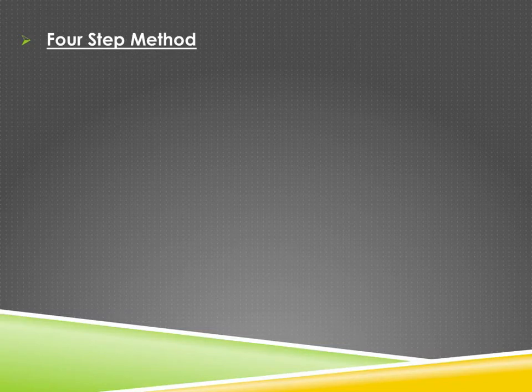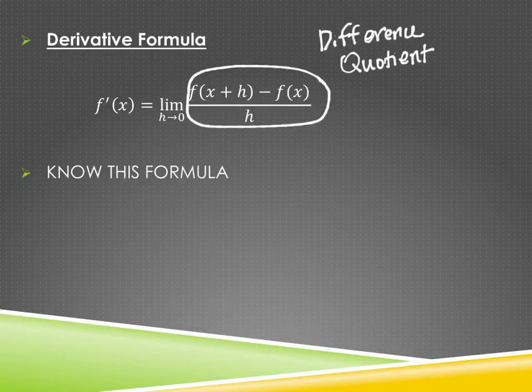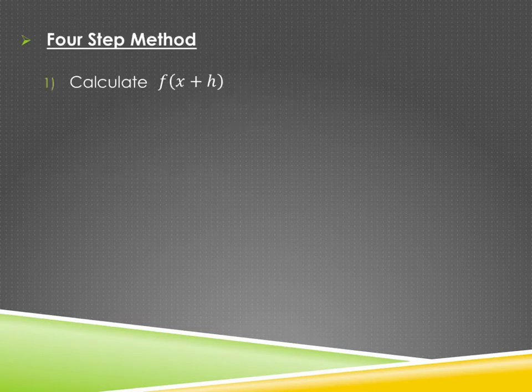So the first thing that you do is you calculate f of x plus h. That's step number 1. The next thing you do is you subtract off of that f of x. So if you're comparing that back to this equation now, that means you've done the whole numerator. You calculated f of x plus h, you subtracted off f of x.